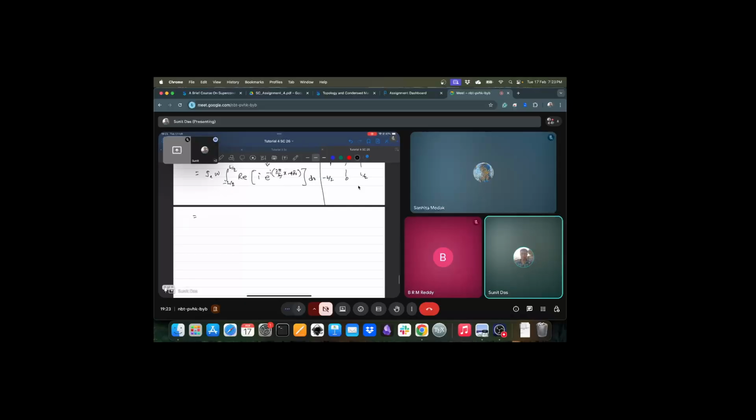So we have jc w, real part of i e to the power i 2 pi x by lambda j plus delta 0, and this will be minus i by 2, and then jcw.